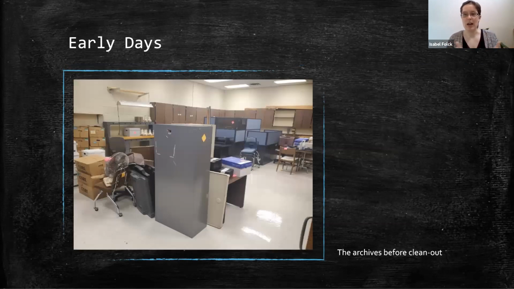So this is a picture of what the archives looked like my first week. What you don't see is behind me, there's about 7 or 8 more filing cabinets. Fortunately, they were all empty. All of the filing cabinets have been emptied and put into boxes and inventoried and put up on the shelves.